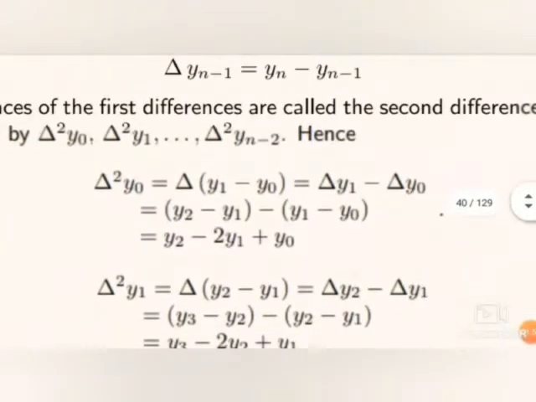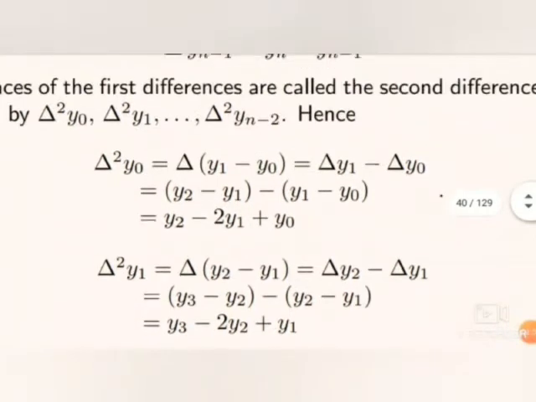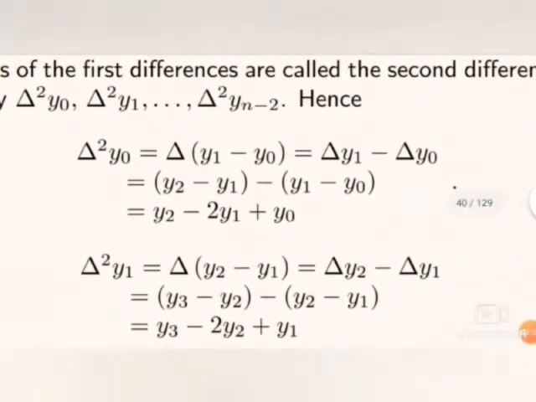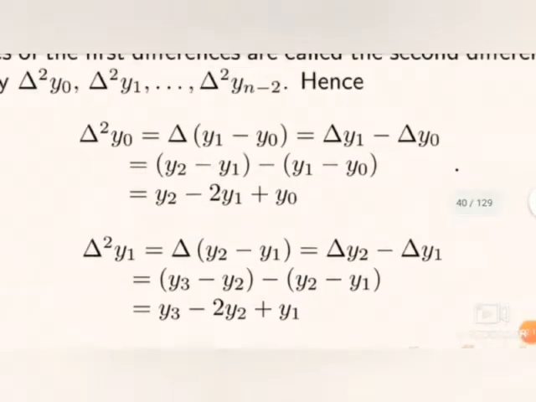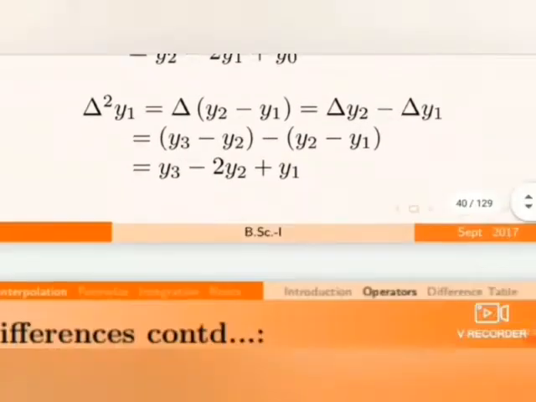These are called the first order differences, and the second order differences can be found in the same way. The second order difference is del squared y naught equal to y2 minus 2y1 plus y naught, which is derived by the calculation del y1 minus del y naught, and solving by the formula we get y2 minus 2y1 plus y naught.